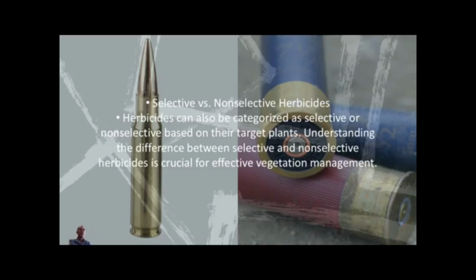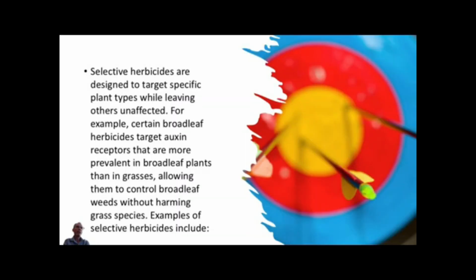Selective versus non-selective herbicides. Herbicides can also be categorized as selective or non-selective based on their target plants. Understanding the difference between selective and non-selective herbicides is crucial for effective vegetation management. Selective herbicides are designed to target specific plant types while leaving others unaffected.